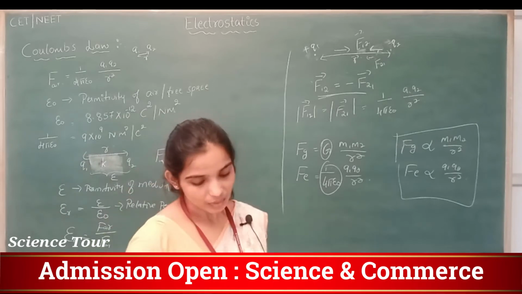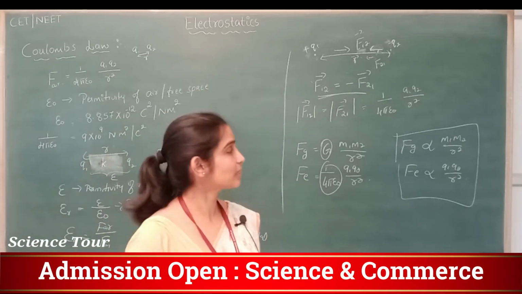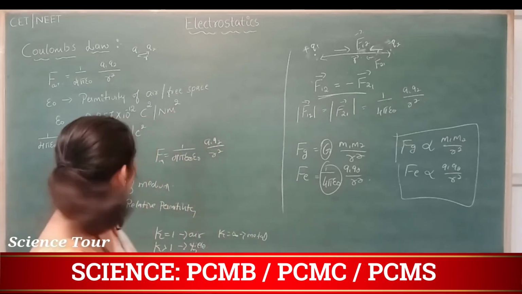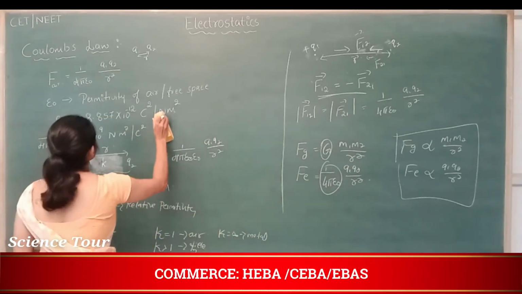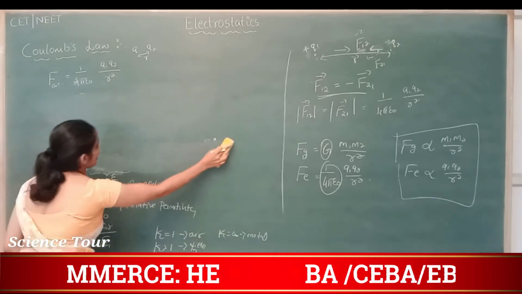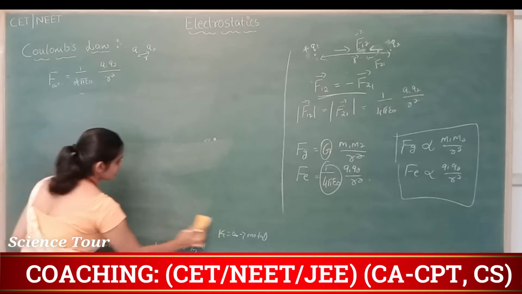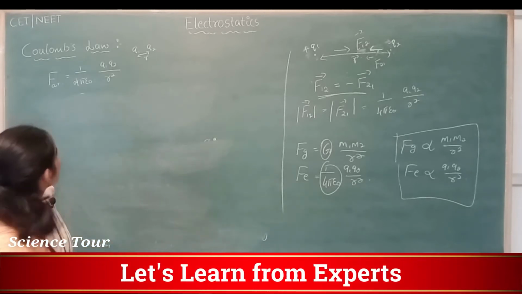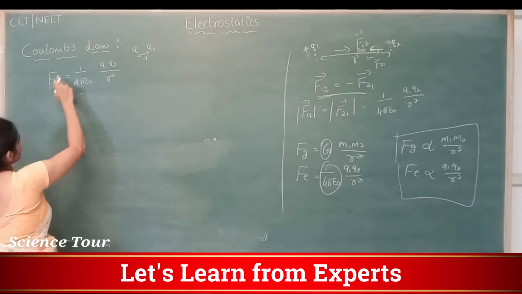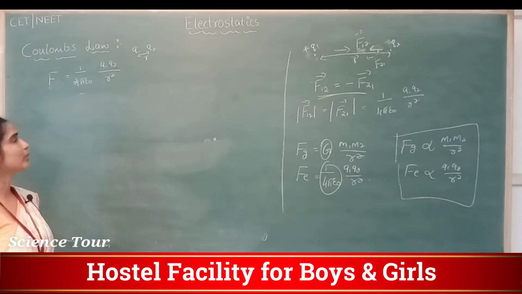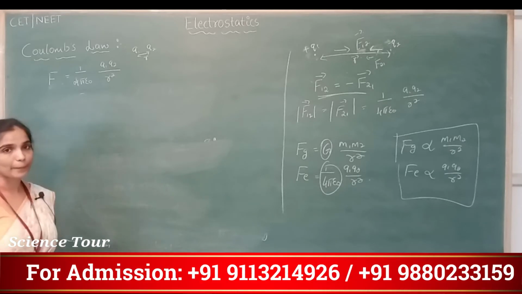So yeah, see, there are two charges. They are separated by a distance r. Then the electrostatic force between them is 1 by 4 pi epsilon naught Q1 into Q2 divided by r square.